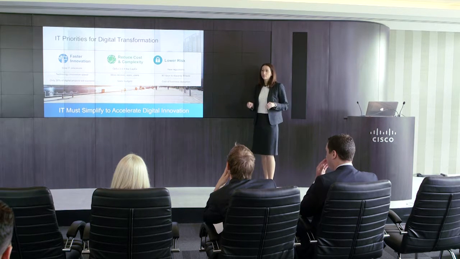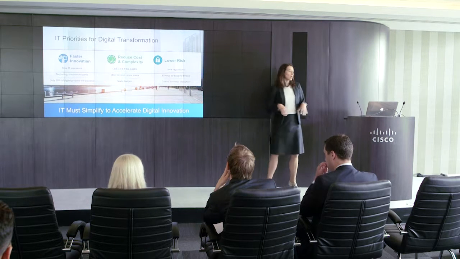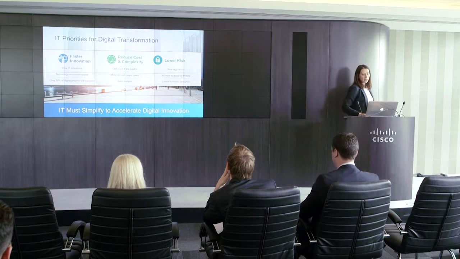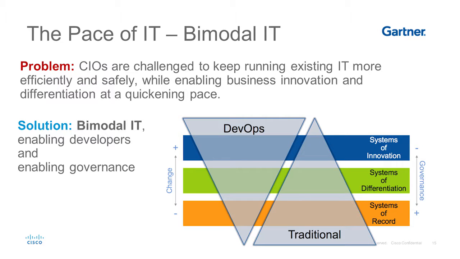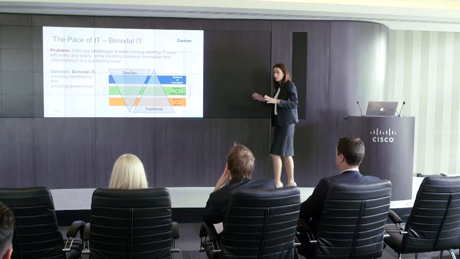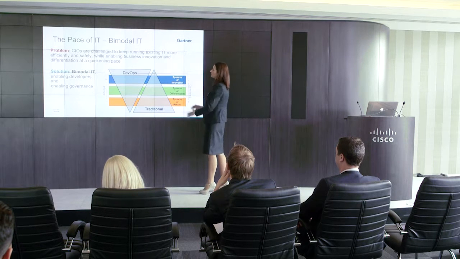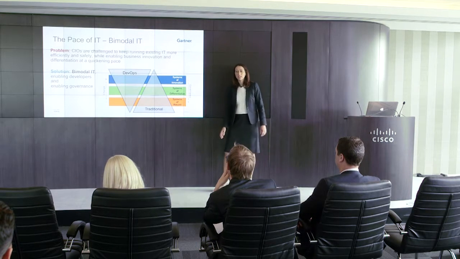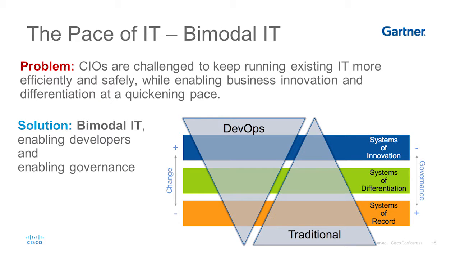We want to take that pain away, and we want to go to our customer IT, which Gartner now calls bimodality, and help both kinds of teams that coexist in their organizations.